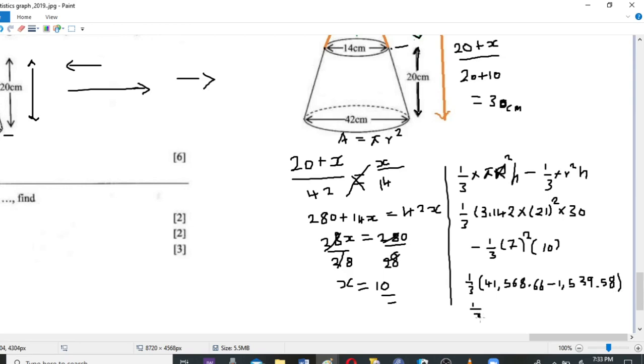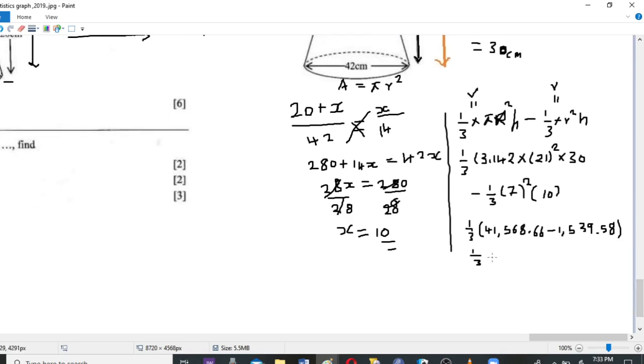So we have 1 over 3. Remember, this is the formula for the volume. This is the volume for the complete frustum, and this is the volume for a smaller frustum, that is the one on top. So we have 1 over 3 here, because we factorized that 1 over 3. Now we are subtracting one from the other.